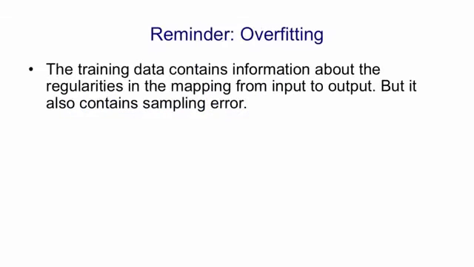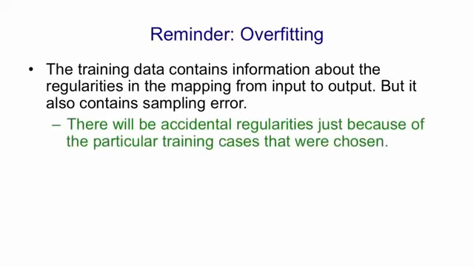Just to remind you, the reason we get overfitting is because, as well as having information about the true regularities in the mapping from the input to output, any finite set of training data also contains sampling error. There are accidental regularities in the training set just because of the particular training cases that were chosen.